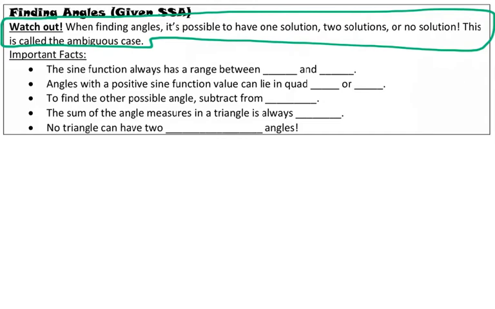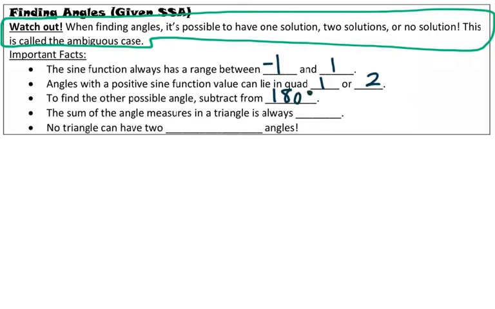Okay, so here's just some stuff to know. The sine function always has a range between -1 and 1. Angles with a positive sine function can lie in quadrants 1 or 2. To find the other possible angle, you can subtract from 180 degrees.